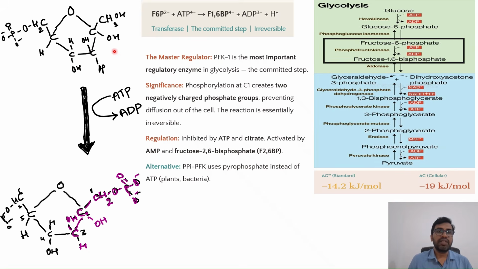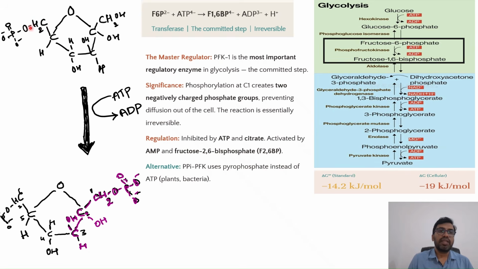Now, in this furanose structure, we have the CH2OH, OH, and then CH2OH, H. Now, this is carbon number 1, carbon number 2, carbon number 3, carbon number 4, carbon number 5, and then carbon number 6. There are 6 carbons in the fructose.